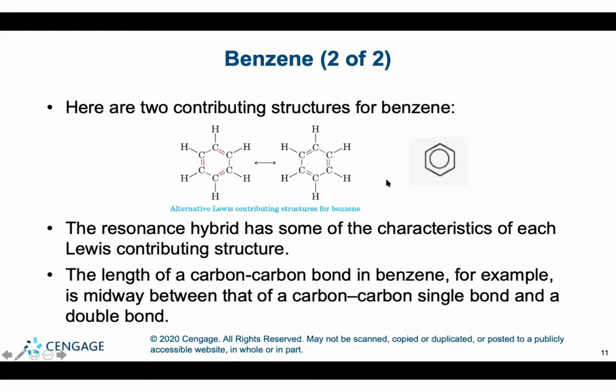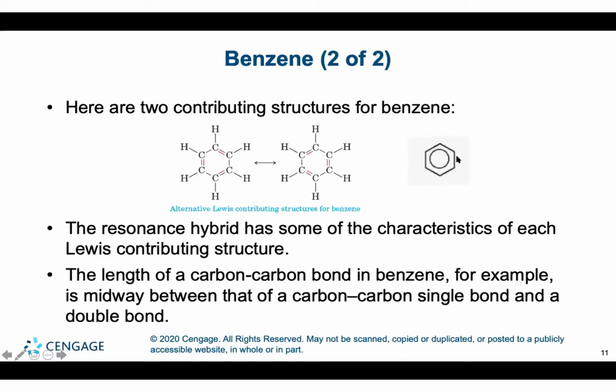This structure is basically the abbreviation of these two structures. So they show it just as a circle, meaning these double bonds can rotate and be in between. It can be either here or here.